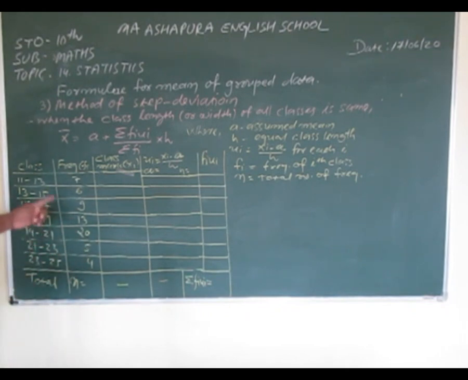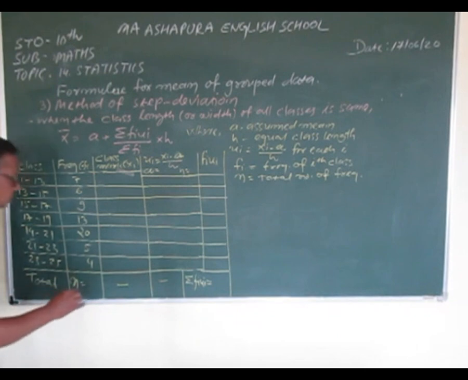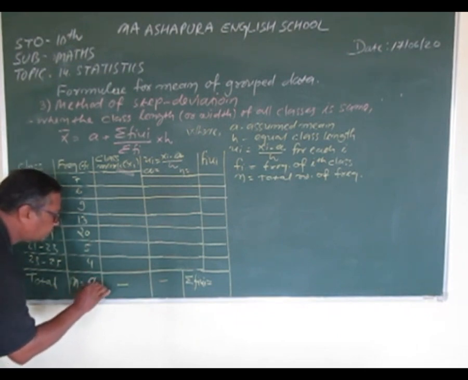So let's perform: 7 plus 6 is 13, plus 9 is 22, plus 13 is 35, plus 20 is 55, plus 5 is 60, plus 4 is 64. So the sum of the frequency is 64.